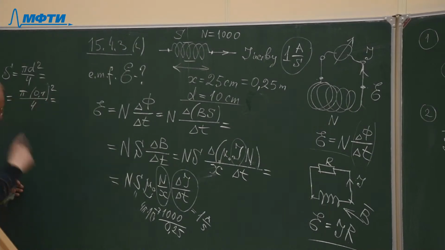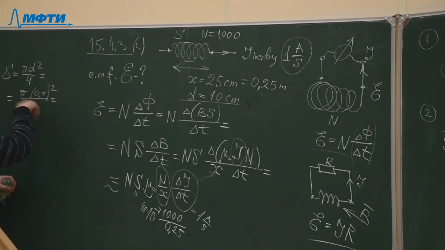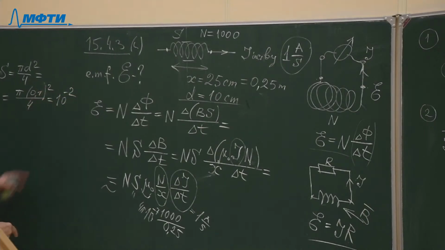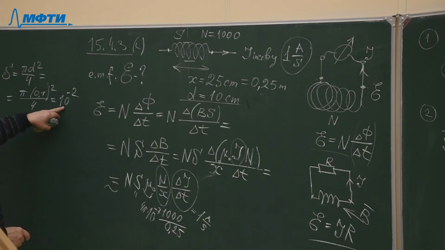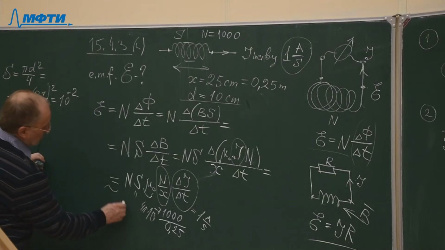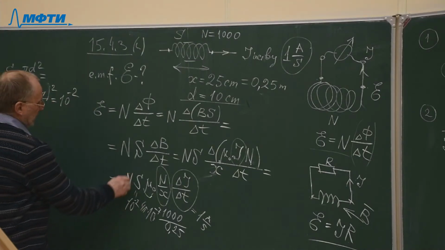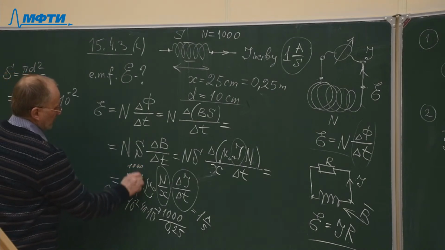Well, pi over 4 is approximately 1. We will carry out approximate calculations here. So we have 10 to the minus second power, 1/100th of a square meter. That will be a cross section, 10 to the minus second power, and N is 1,000.